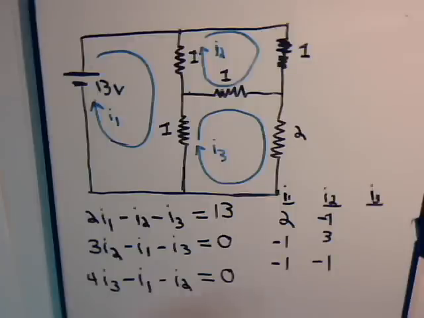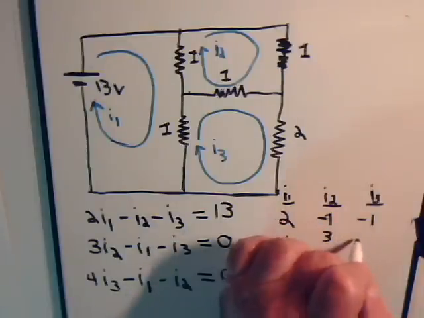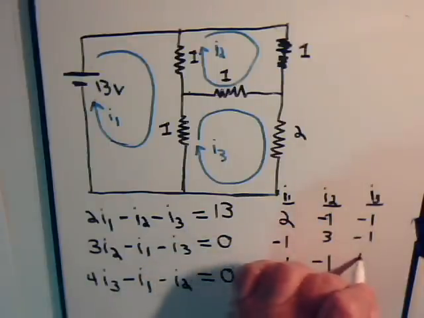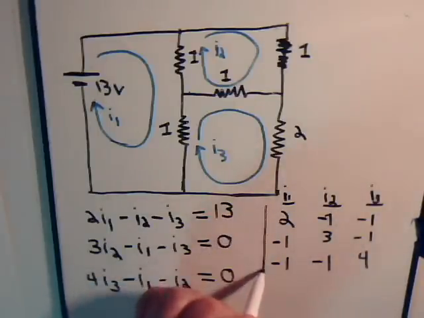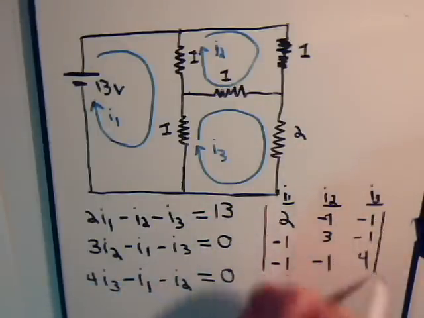Here we have negative 1, negative 1, 4. So what we did here then, we used the coefficients of I1, I2, I3, wrote them in columns, and now we have a 3 by 3 determinant.